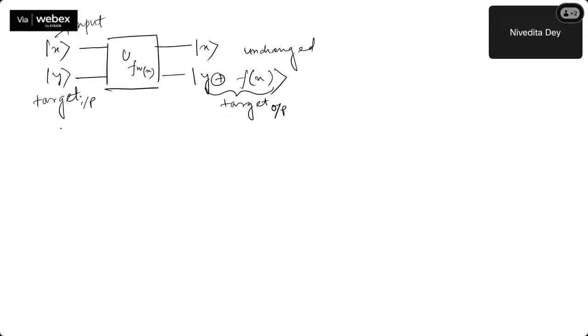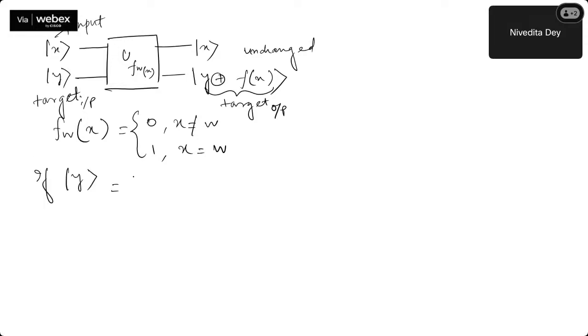Okay, and this f_w of x, what is this? This oracle function is 0 or 1: it is 0 where x is not equal to w, and it is 1 when x is equal to w. And say y is equal to (ket 0 minus ket 1) by root 2. Now, whenever I say these things, say y is equal to (ket 0 minus ket 1) by root 2, you have to assume that it was initially ket 0.